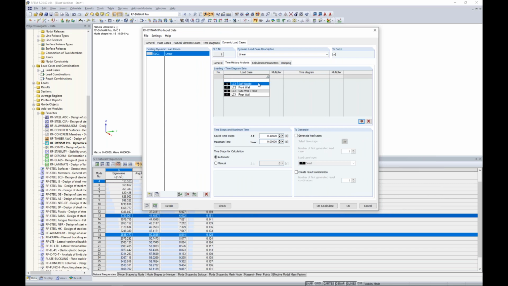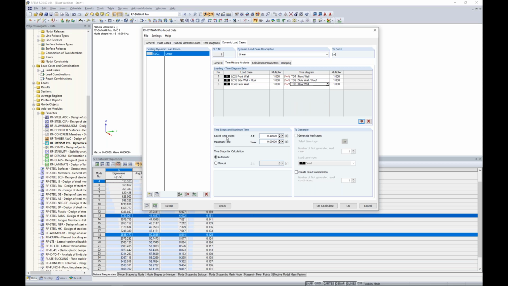So the load case here, front wall, is going to be related to my time diagram front wall. This is telling the program how to adjust the magnitude over the full duration of this blast analysis. The second set will be our sidewall roof related to our sidewall roof. And finally, we have here our rear wall, which will be related to our rear wall.